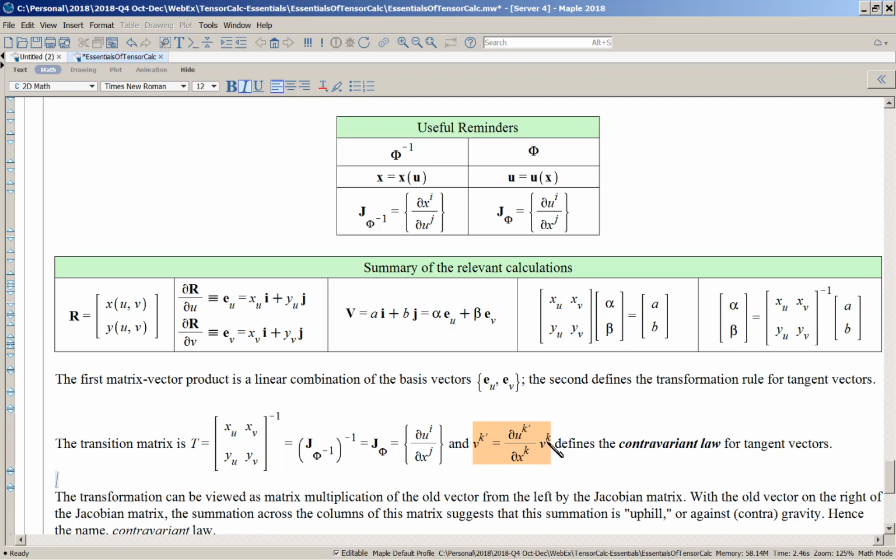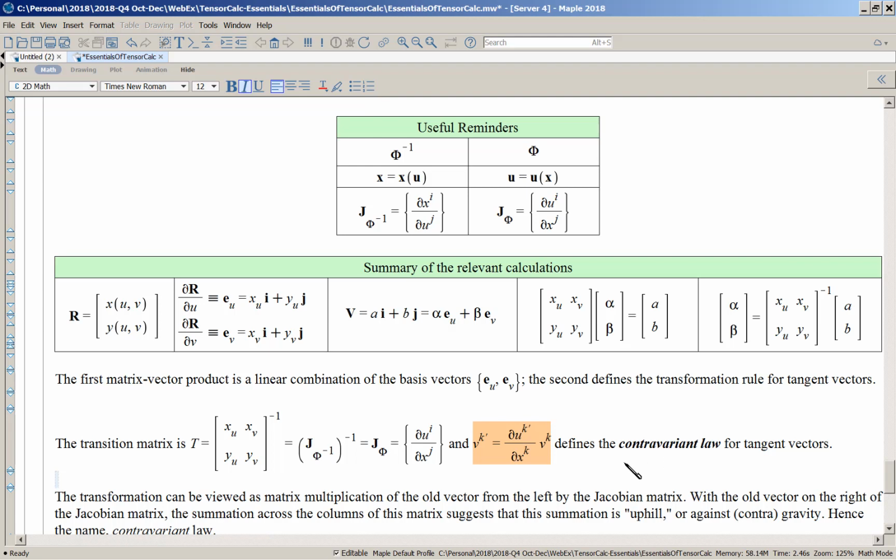If you have a k on this one, you put a k prime on this one. It just keeps the number of letters you've got to deal with smaller. So this box is the transformation law for tangent vectors. And it's called the contravariant law.